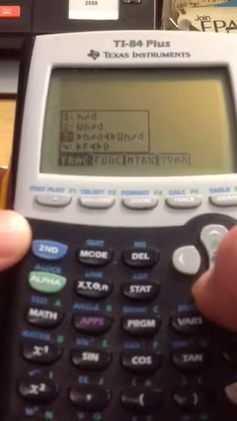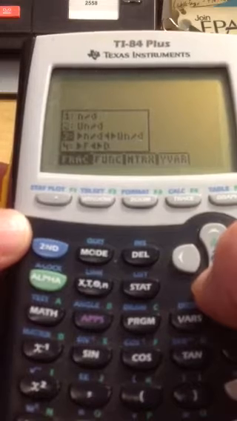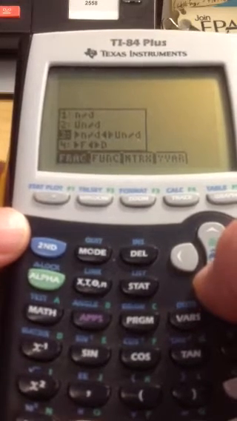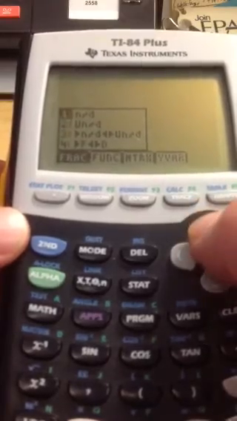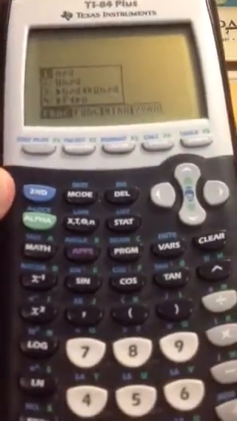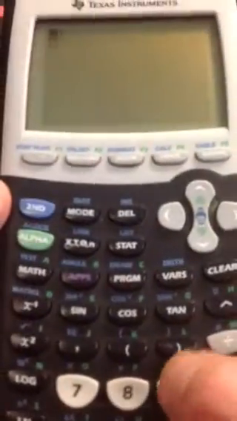Number 3 is going to convert between those, so it would take 5 1/2 and convert that to 11 over 2. That's the improper form of 5 1/2. In this case, we want number 1, numerator over denominator. We just enter in our 9, scroll down, punch in 1 0.